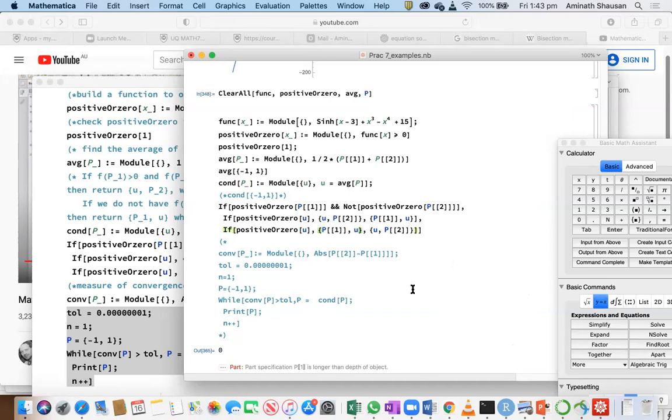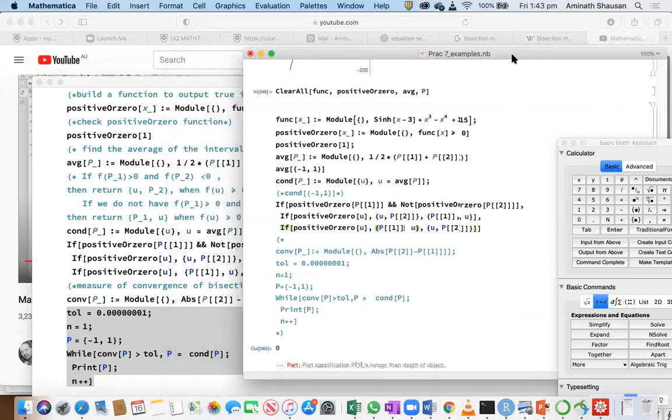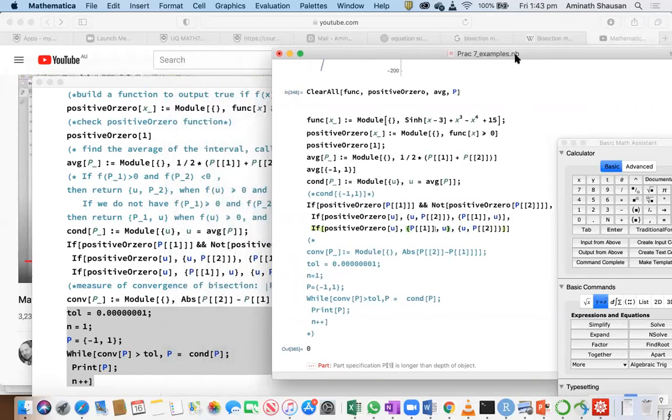The idea behind this example is for you to learn how to code the bisection method. If you can do this in another way, that's okay.